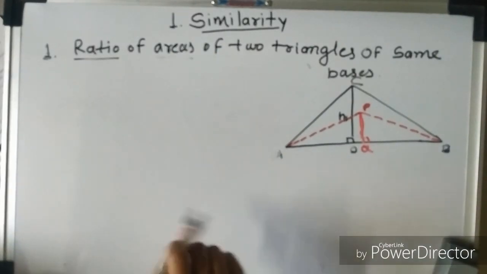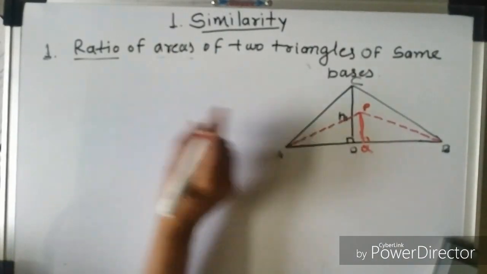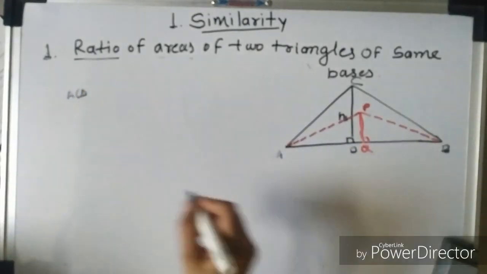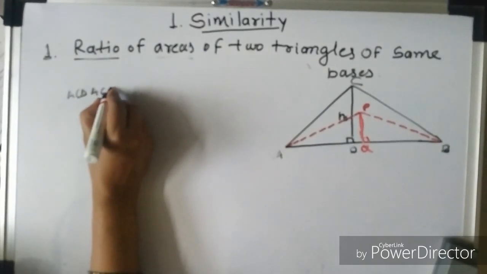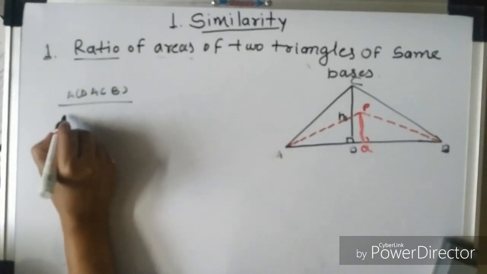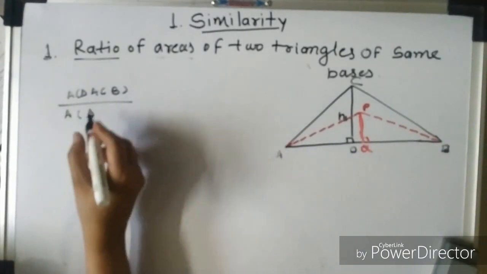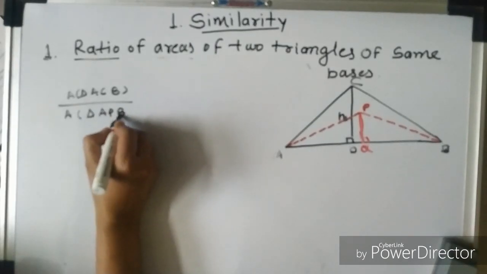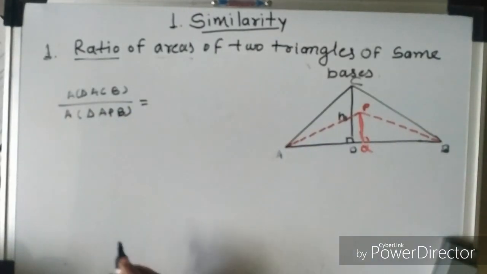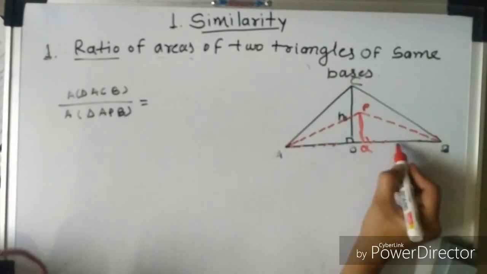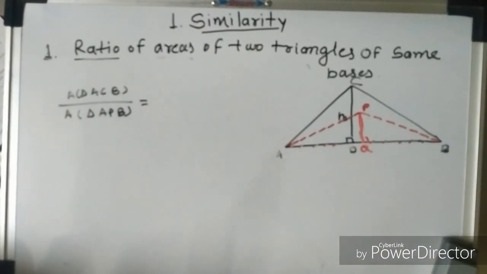Let us take the ratio of areas of these two triangles of the same base, that is, area of triangle ACB divided by area of triangle APB. As these two triangles have the same base AB, I just put a different mark on it to notice, but their heights are different.